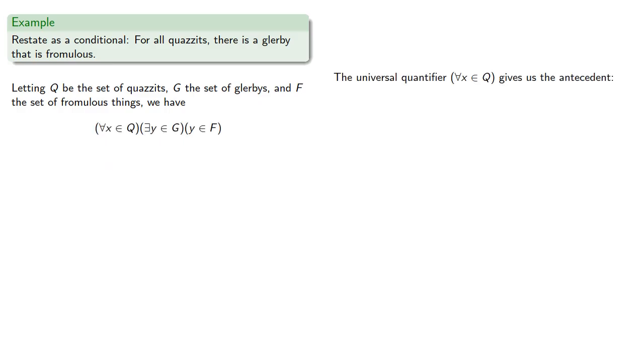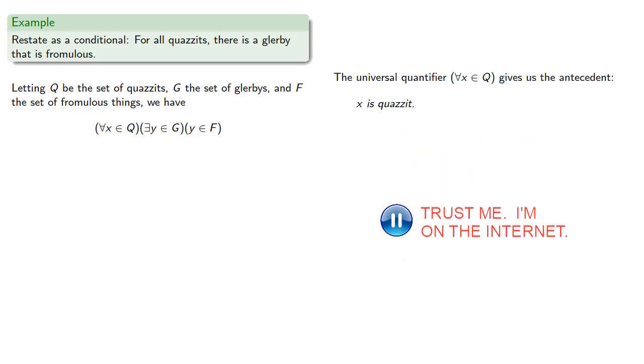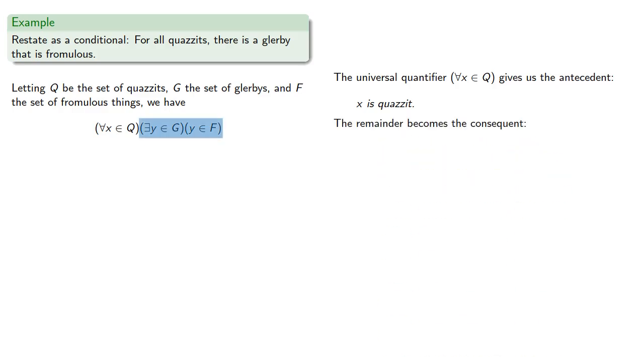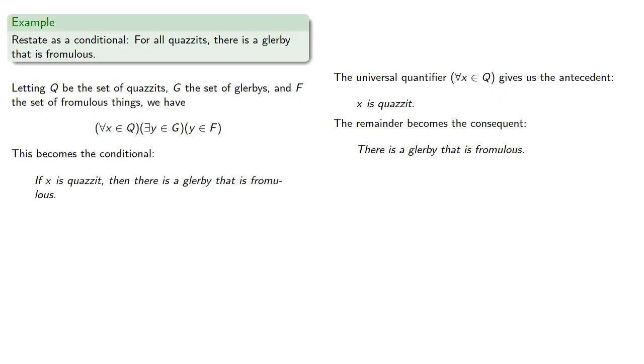Now our leading universal quantifier gives us the antecedent, X is quasit, and the remainder becomes our consequent. There is a glurby that is fromulous. And so we can rewrite this as the conditional, if X is quasit, then there is a glurby that is fromulous.